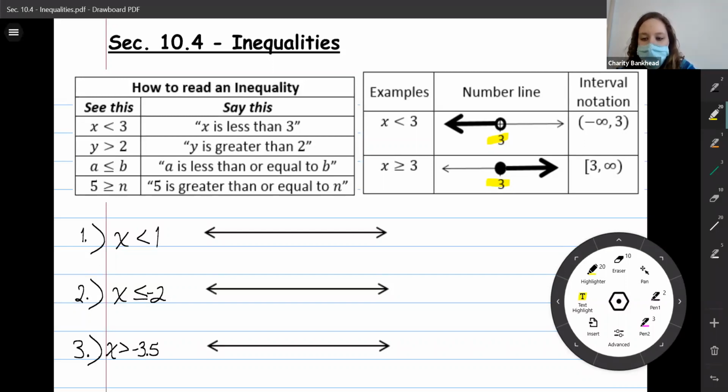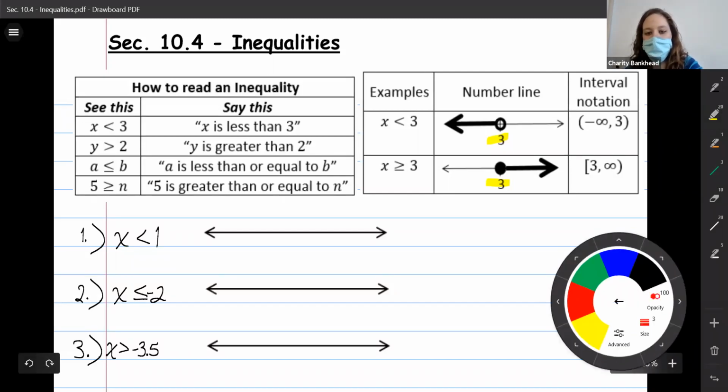Your interval notation is written from left to right, smaller to larger. Think of that arrow pointing to the left, pointing towards negative infinity. So it's everything from negative infinity up to 3, not including 3.